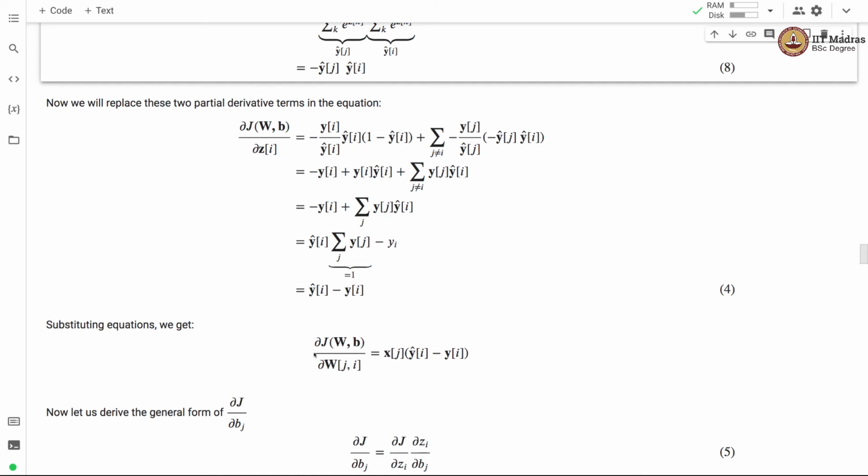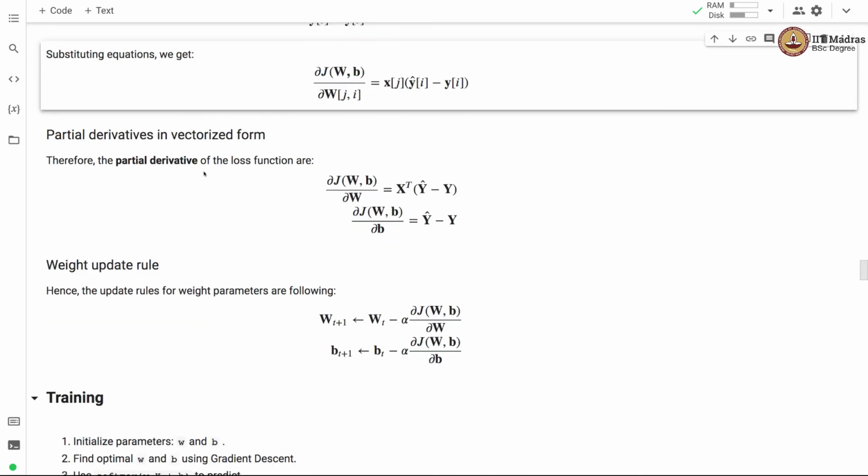So now the partial derivative of the loss with respect to the weight, which is w j comma i, is xj into yi hat minus yi. Now let's write the partial derivative calculation in vectorized form.